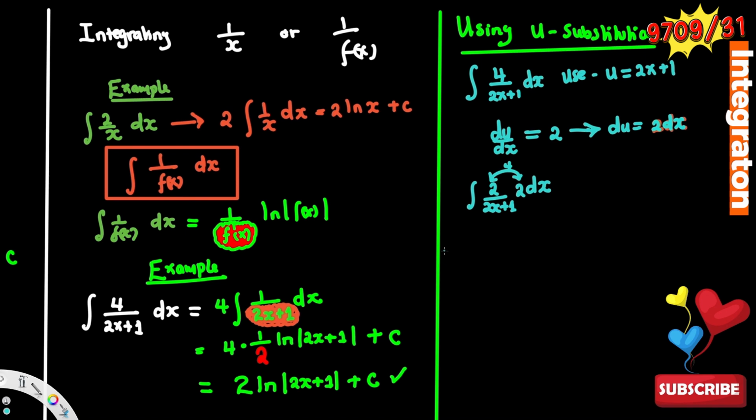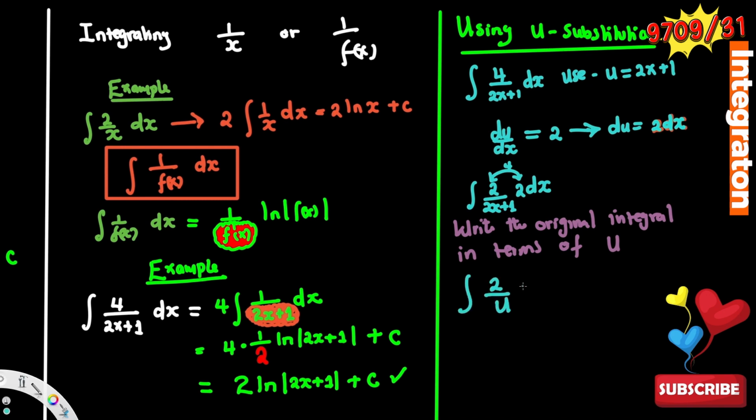So du is equivalent to 2 dx. And we can now write this function that we were given in terms of u. So this is going to be 2 over u, because u is 2x plus 1. So it's going to be 2 over u, but 2 dx is equivalent to du.